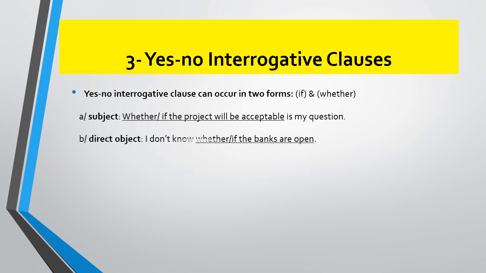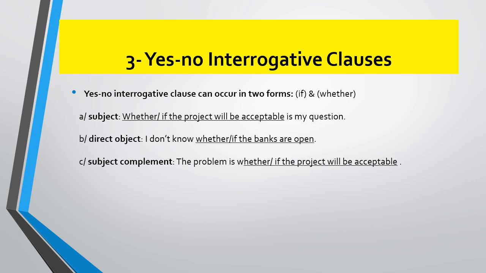The other function is that of a direct object. I don't know whether or if the banks are open. We have no here. The verb, what follows a verb, is typically an object. Subject complement. The problem is whether or if the project will be acceptable.